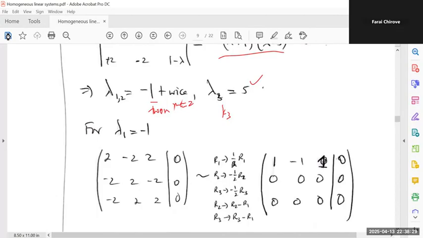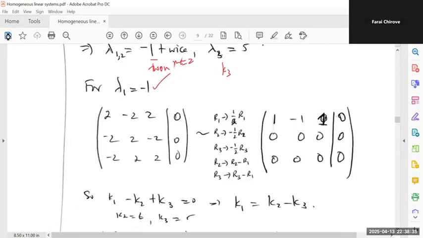So let's try. The eigenvector associated with lambda equal to minus 1. And if we do this, you can find that within just a series of row operations, we can get 2 of these. We remember this would be some K1, K2, K3, small letters.